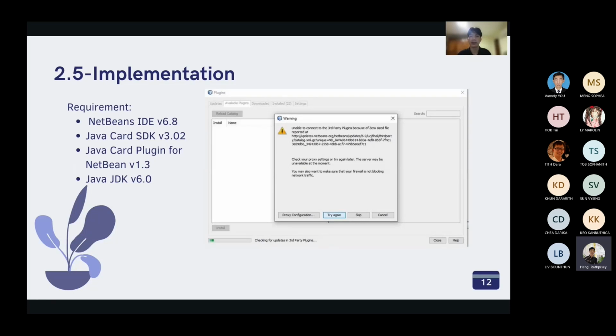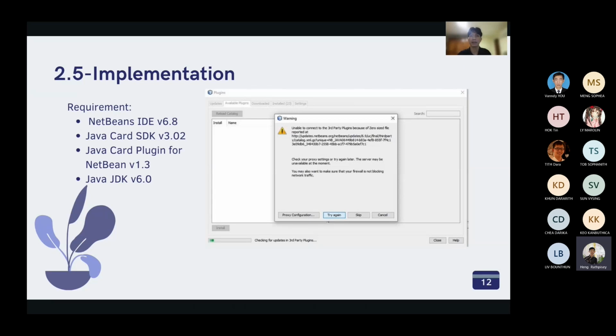We know why it became like that, because the technology is too old, and although we could not make it work through this IDE, we also understand what the smart card will look like once the implementation is done.